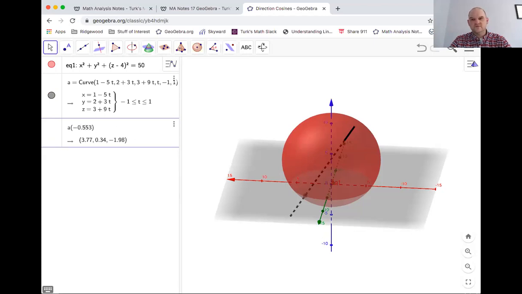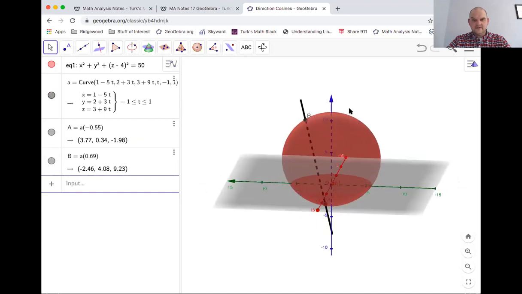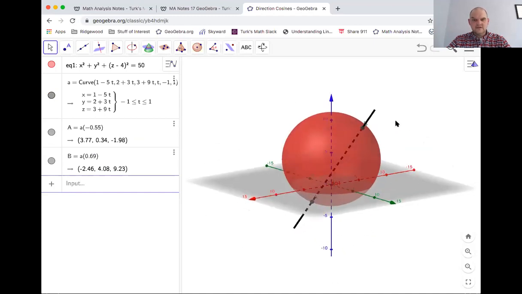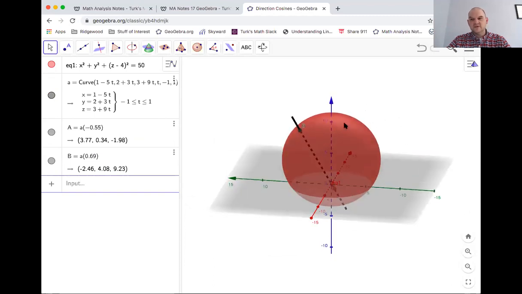This is the moment of truth, right? So did it get what we wanted? And then I also want to do a of 0.692. And we get that. Now what we need to do is move it around so we can see if it worked. And it looks to me like we totally got it.